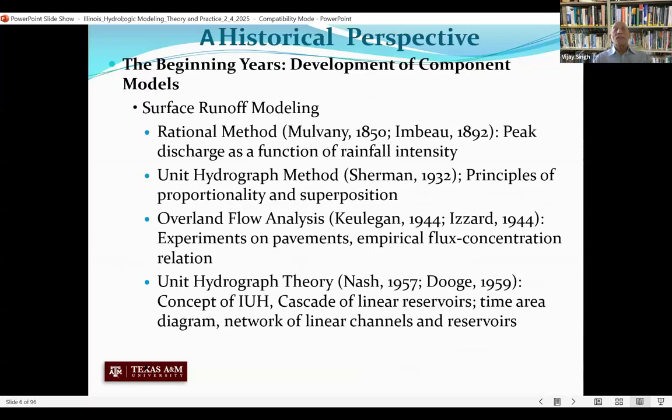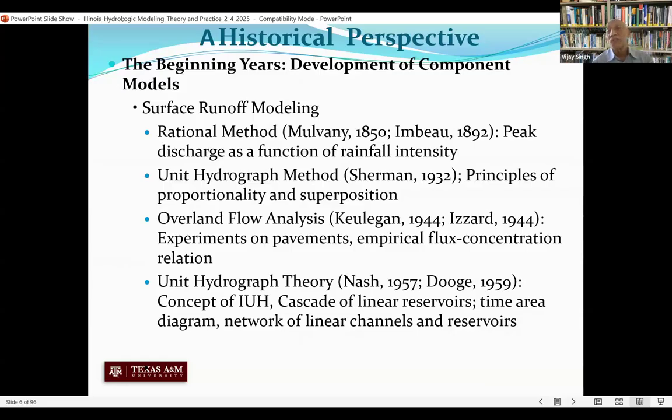So with that, I think we take a quick look at the historical developments that have occurred. If you go back in history, then one can easily trace the beginning of mathematical modeling of hydrology to the year 1850.